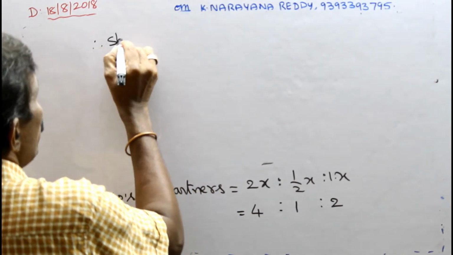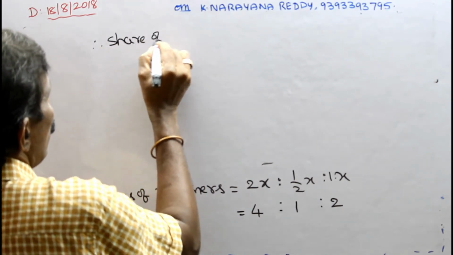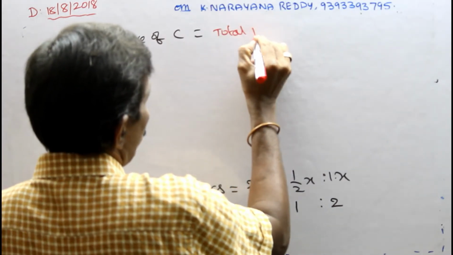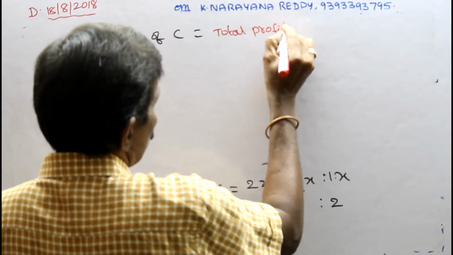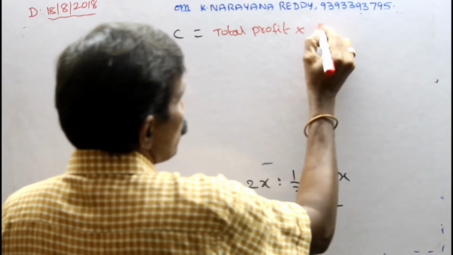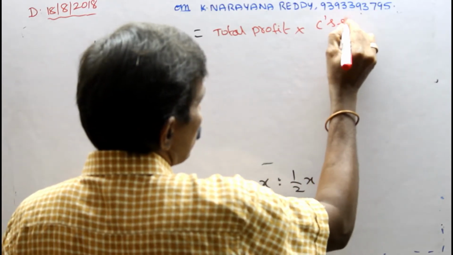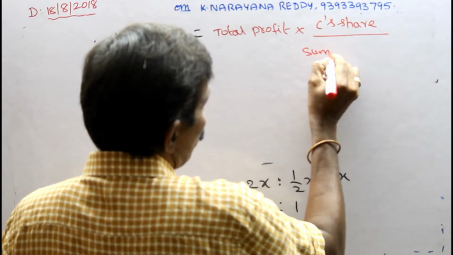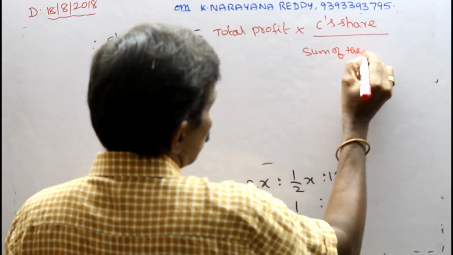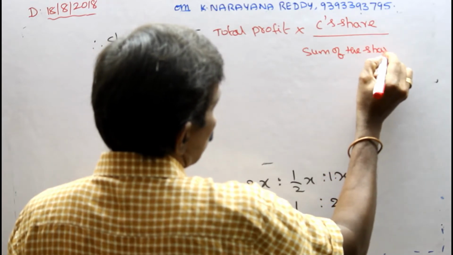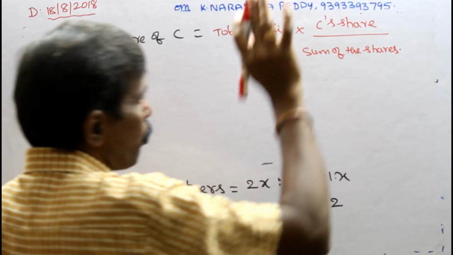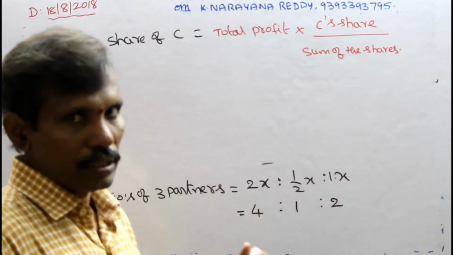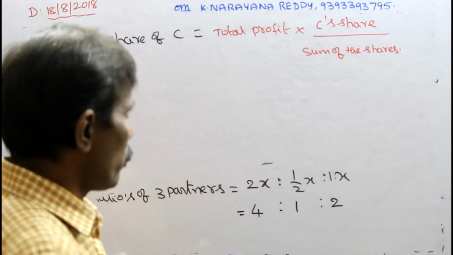Therefore, share of C equals total profit into C's share divided by the sum of the shares. This is important. Whenever you have to find individual shares, A, B or C, whatever it may be, you can find it this way.